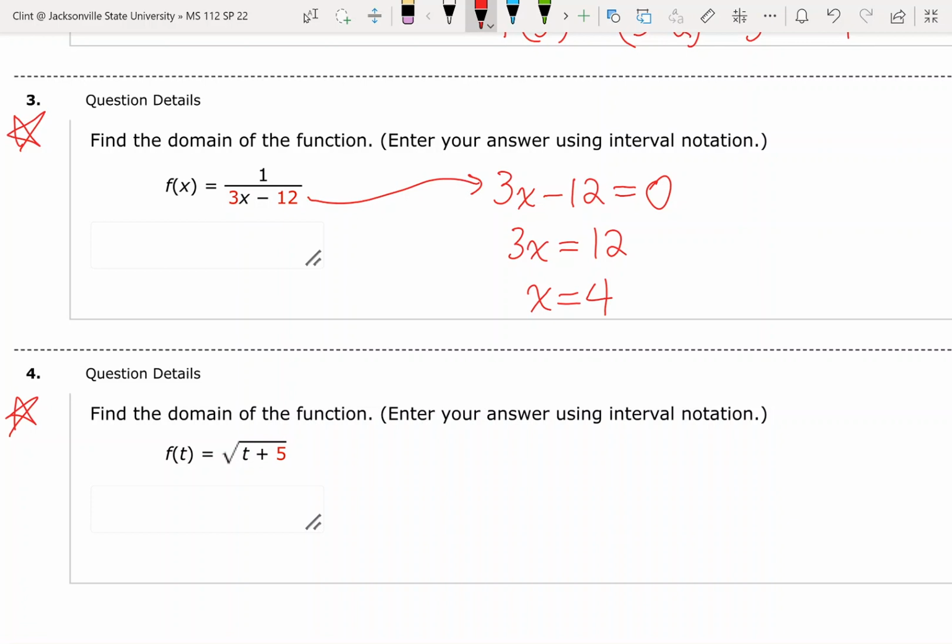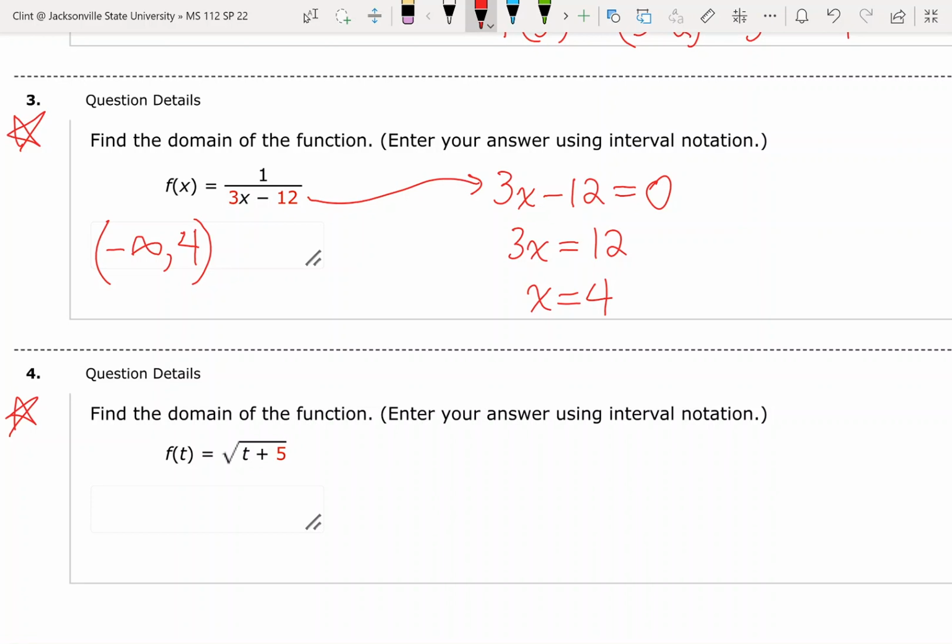So when we're writing our domain here, it's all real numbers except for x equals 4. So when we write that down, we have a parenthesis, start at negative infinity. And then we want to leave out 4, so we stop at 4. Have another parenthesis because we're leaving that out.